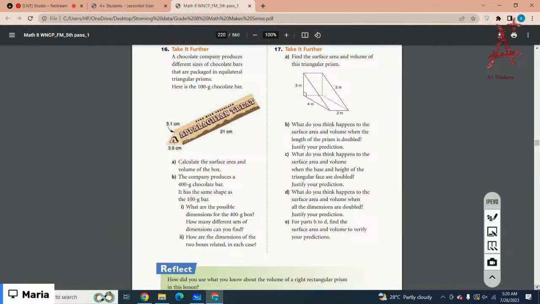What are the possible dimensions of the 400-gram bar? Okay, first we have to calculate the surface area of the shape, and volume also. Let's just calculate the volume. Base is 3.5 and height is 3.1.